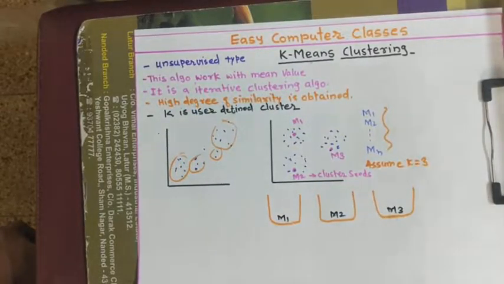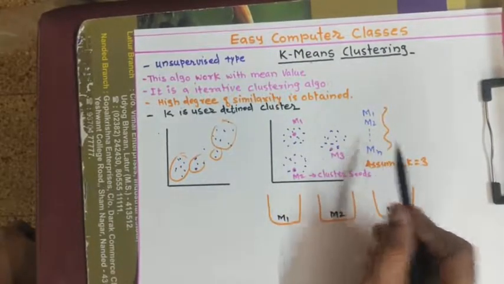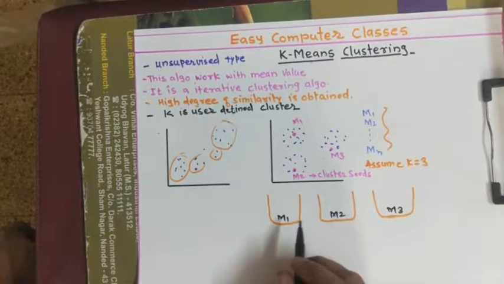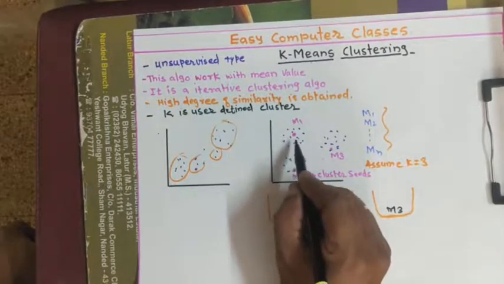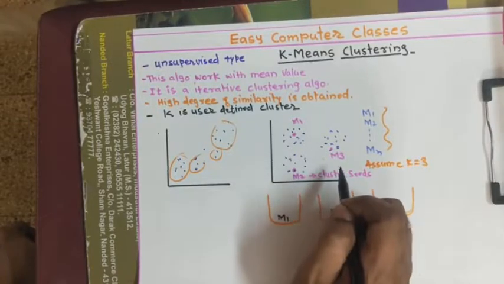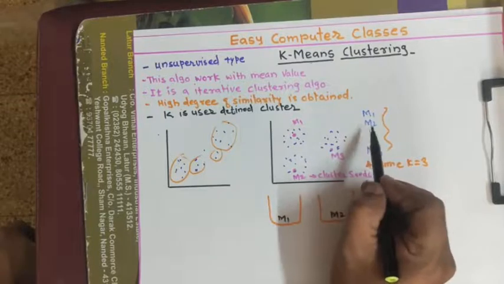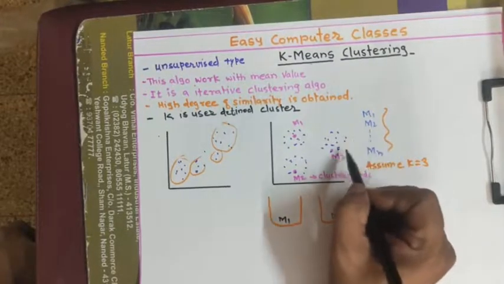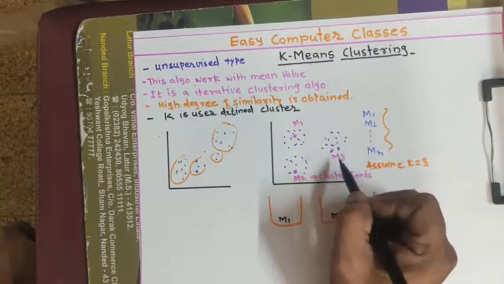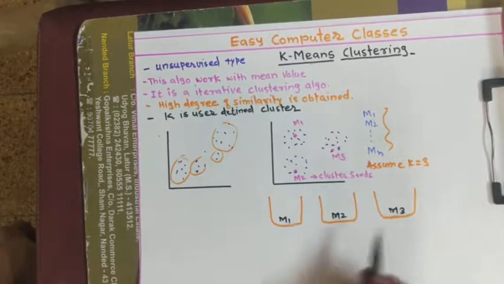Now every point of the training data set is checked to see whether it has the closest distance to M1, M2 or M3. Suppose we check a point: we find in which cluster it has the minimum distance, and place it in that bean.